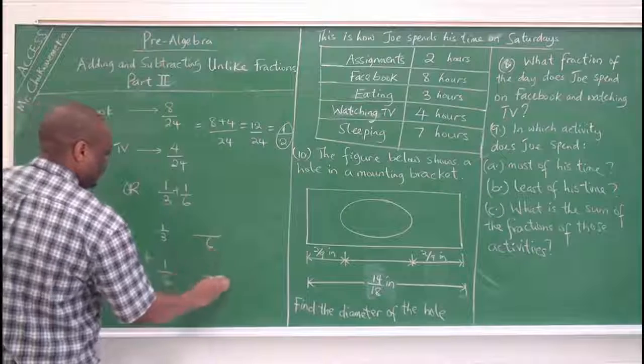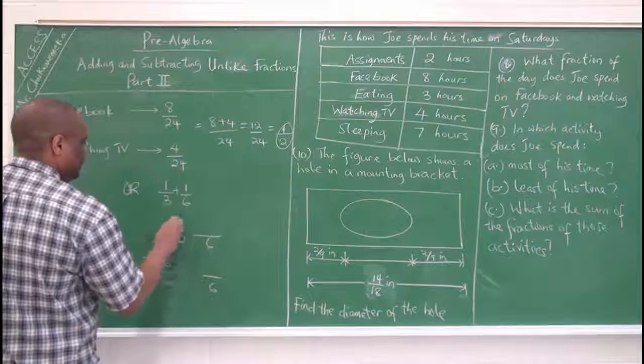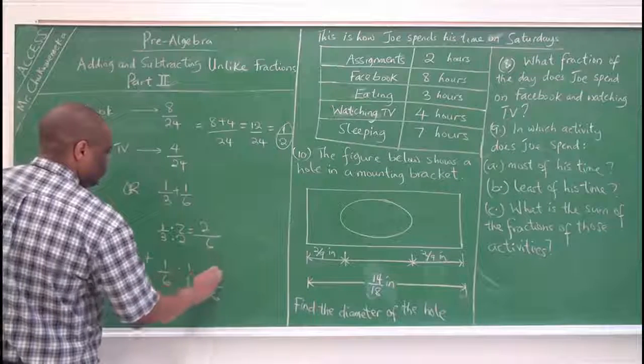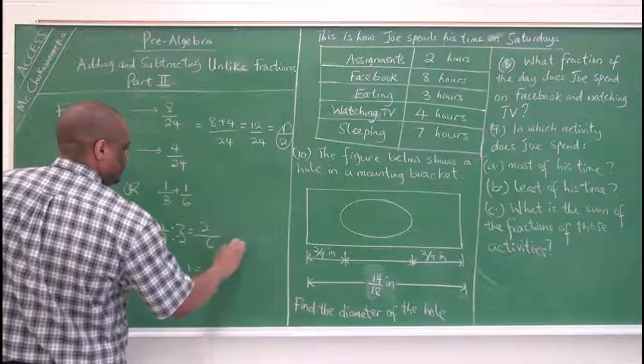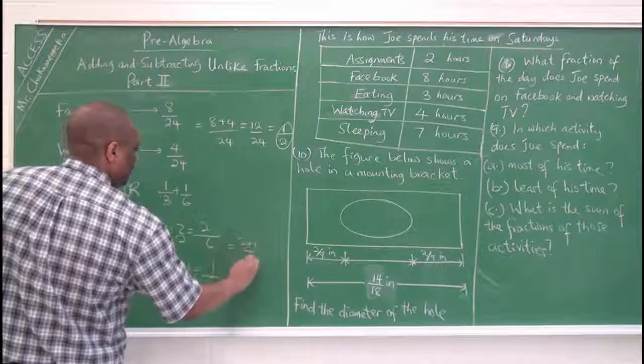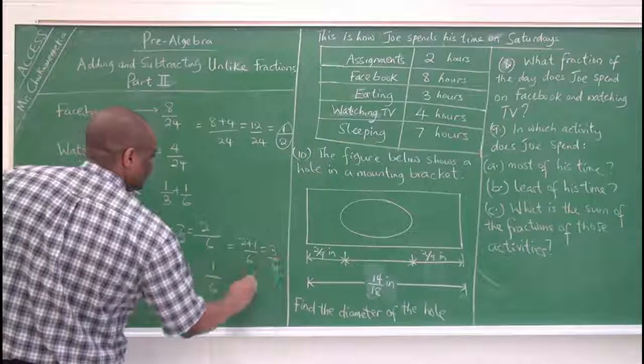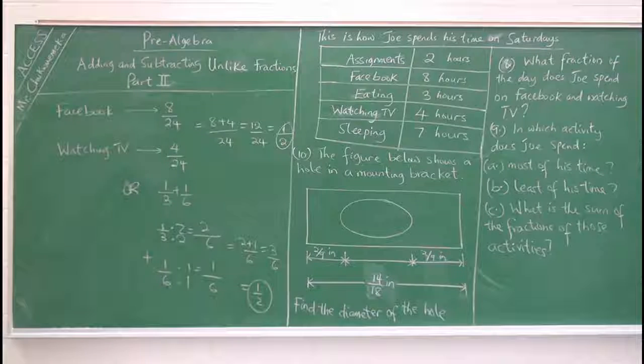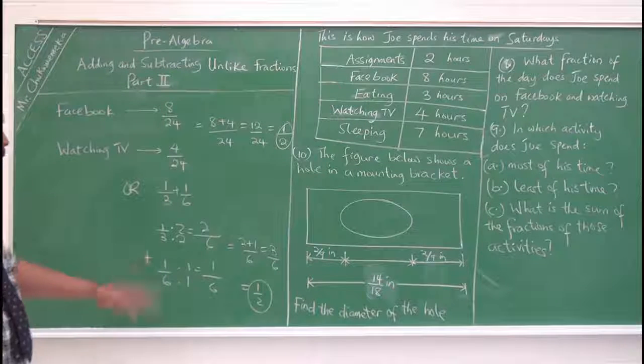The LCD is 6. 6 times 2 gives 2 over 6, plus 1 over 6, which is 3 over 6, which is 1 over 2. That is it.